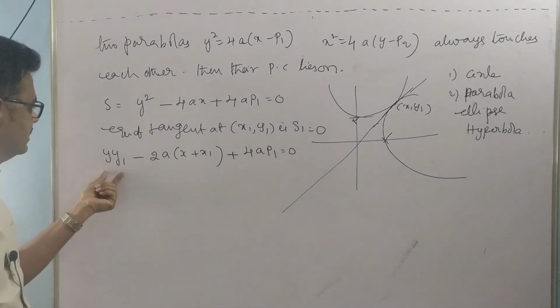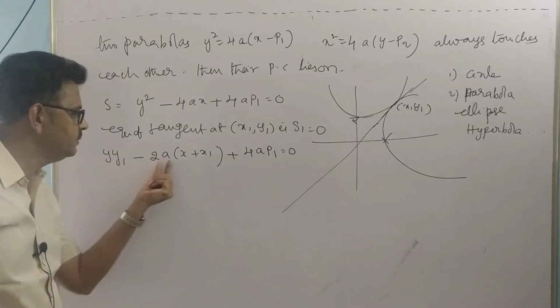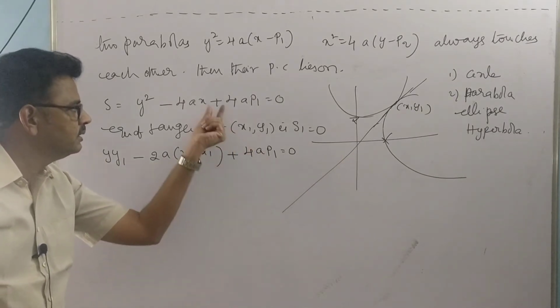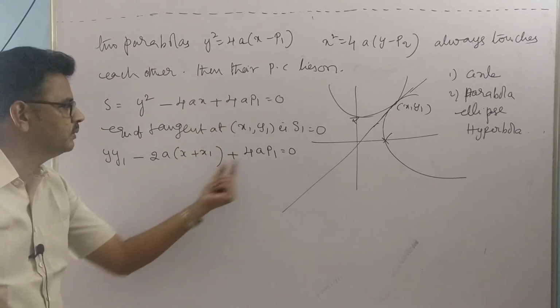There is no y term, so f is 0, and g is -2a.